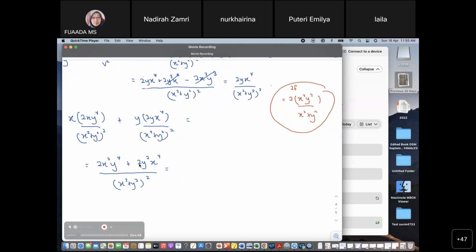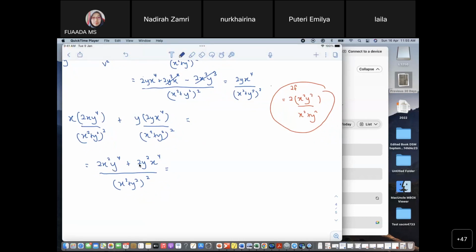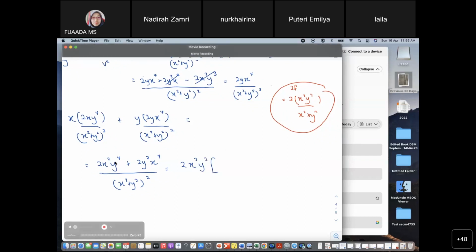You can factorize 2, and you can factorize x squared as well. So apa yang tinggal? Y^4, y squared you dah factorizekan kat sini, so yang tinggal y squared saja.